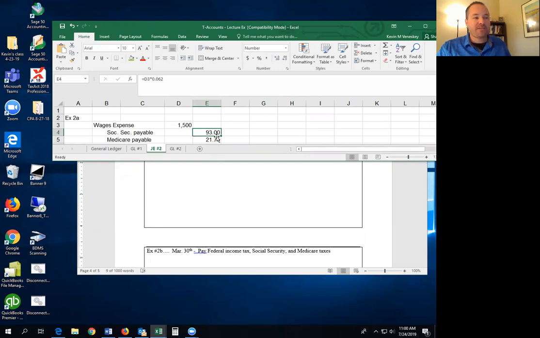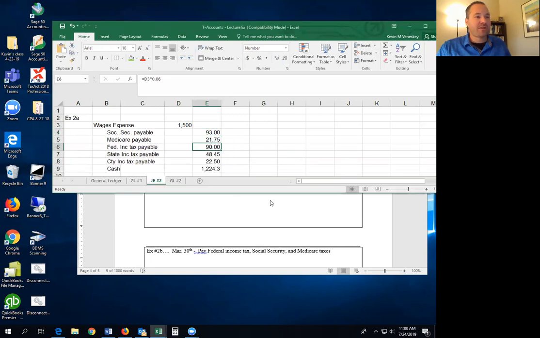So the full $1,500 taxed at 6.2%. Medicare 1.45. I told us the federal income tax was 6%. I expect you to remember the Indiana state, and then I told you the county of 1.5%. And then finally, we take our wage expense, subtract out all of the taxes, and we figure out how much do we owe the employee.